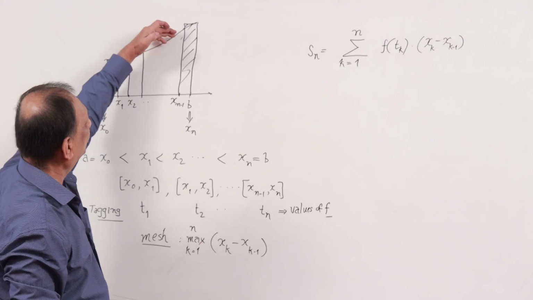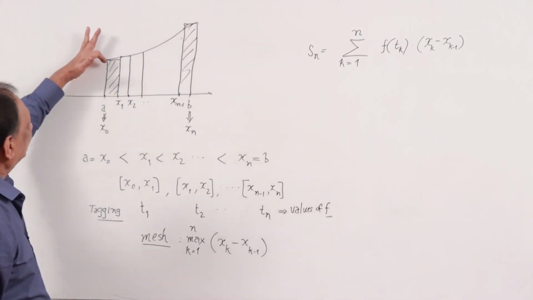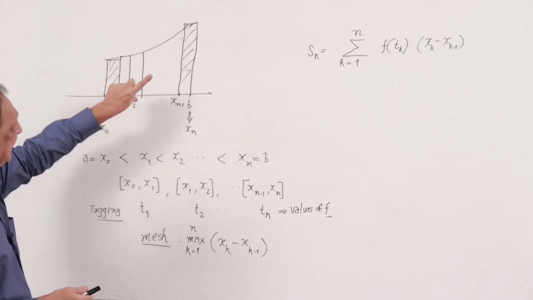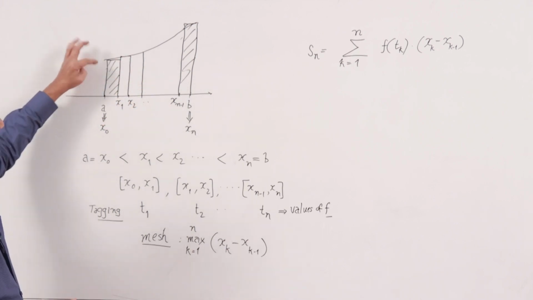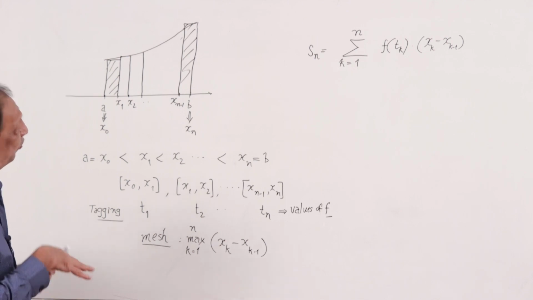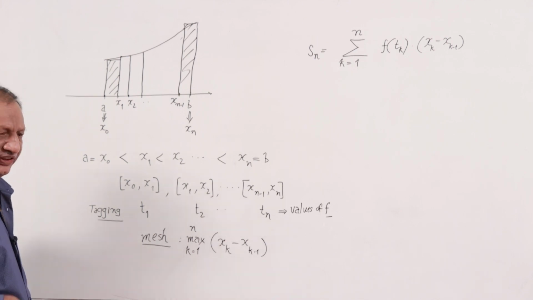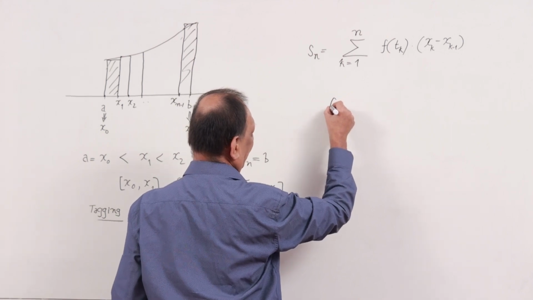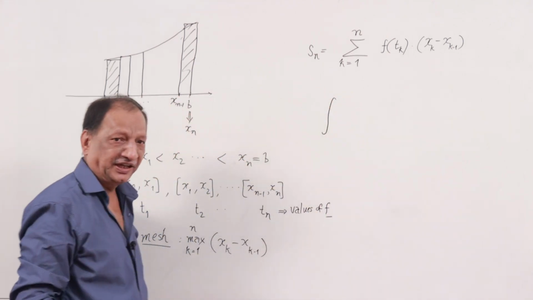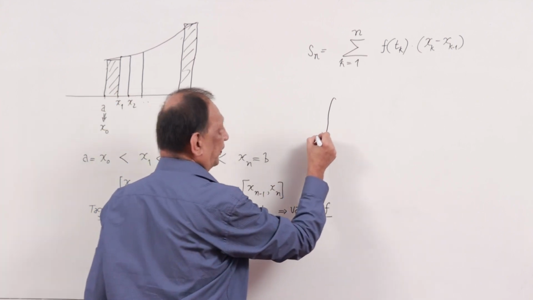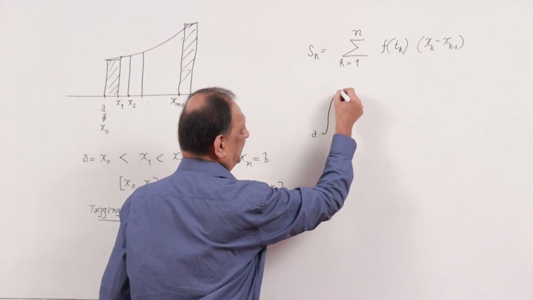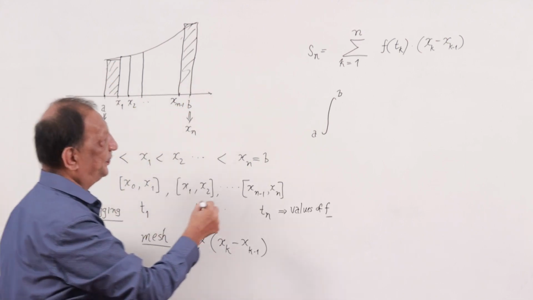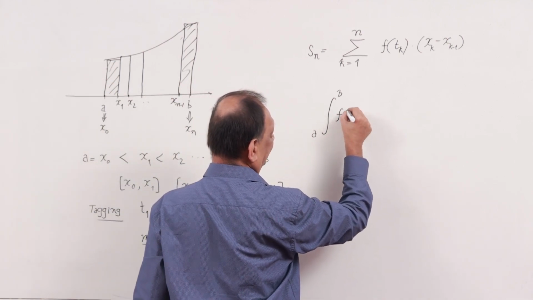Sometimes this rectangle goes above the curve, or sometimes it goes below the curve also. It's quite possible, so you'll find gaps. So this area is not actually equal to the area under the curve. What we are trying to find is the integral, written this way, from A to B. You have to specify from where to where we are trying to find the area of f(x) dx.